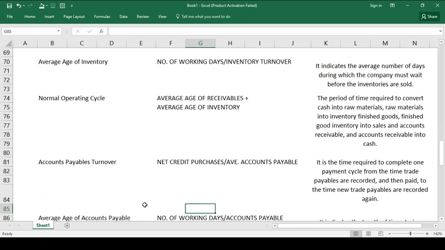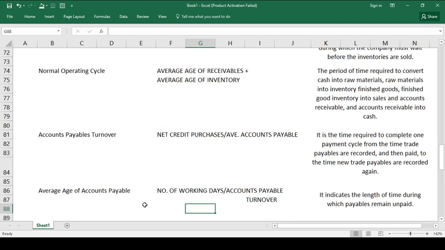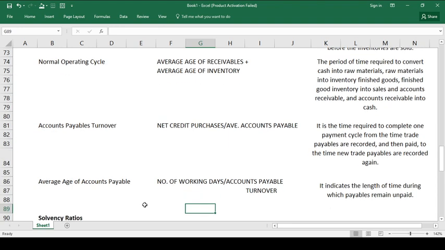The accounts payable turnover naman, same with the turnover and the average age of inventory. Pareho din po yung ibig sabihin nun. The accounts payable turnover, we compute that using the net credit purchases. Take note, the net credit purchases, that is the purchase on credit, less the purchase returns and allowances on credit, and the purchase discounts.